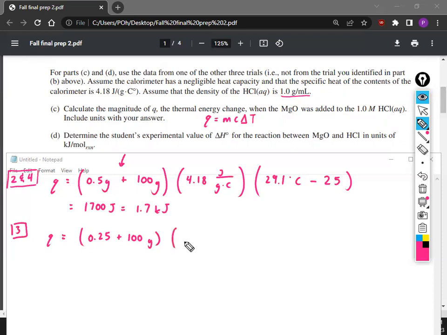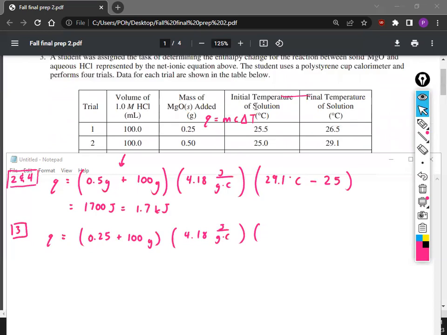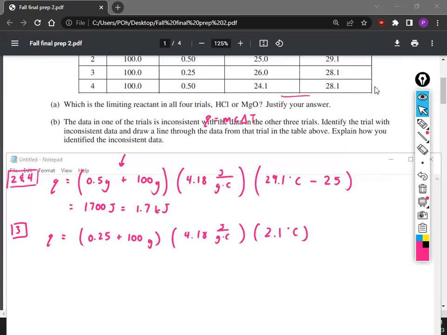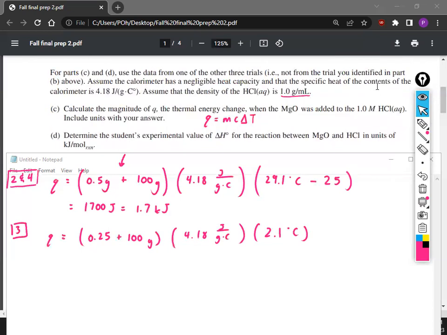And if we take a look at it, specific heat is the same. And then the delta T here will be 28.1 minus 26, so it'll be 2.1. Okay, so I want you guys, even if you didn't do 3, just plug that into your calculator, see what you get, and I want you guys to see what the pattern was.